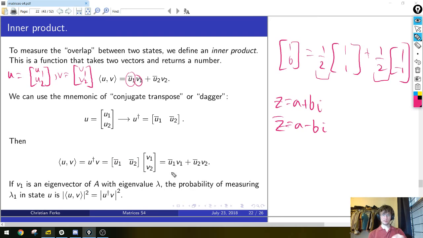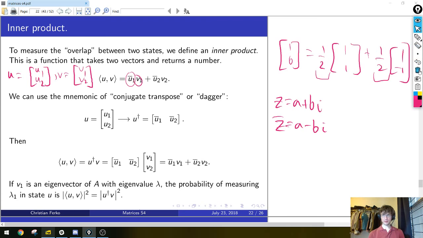And if you remember that, then for the probability of measuring one of those eigenstates lambda in a state U, you don't have to do all of the work of expressing U as a sum of eigenvectors of, say, the matrix A hat. You can just use this mnemonic and take the inner product, U dagger V, and take the absolute value squared.